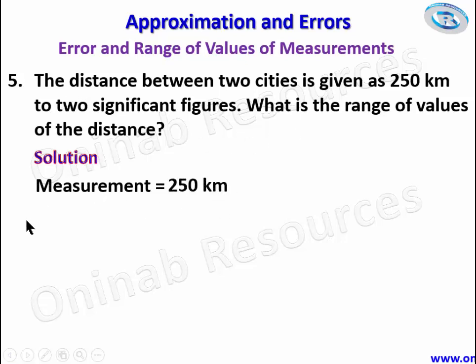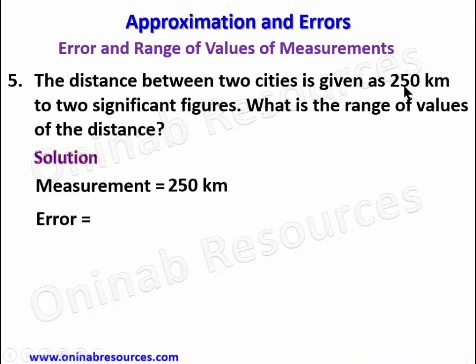And then our error is going to be taken from the approximation. Two significant figures is equivalent to the nearest 10. Why are we picking the nearest 10? The unit digit is 0, so the 10th digit is given, which means it is to the nearest 10.